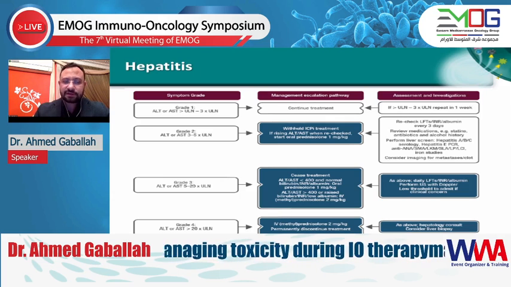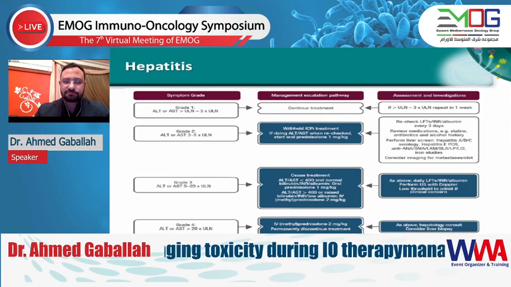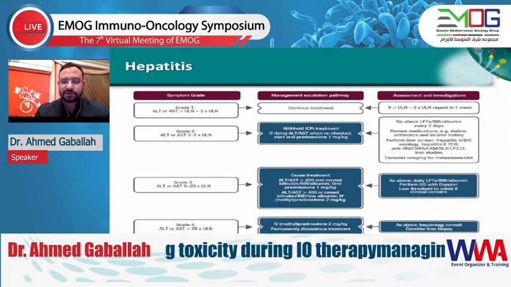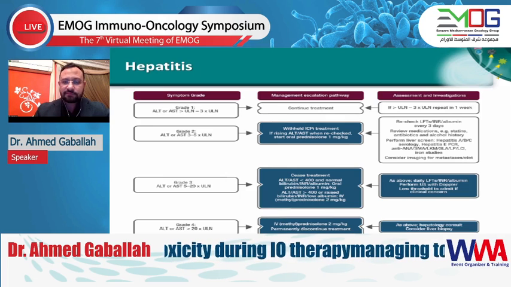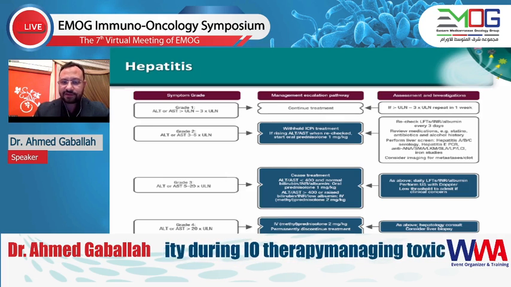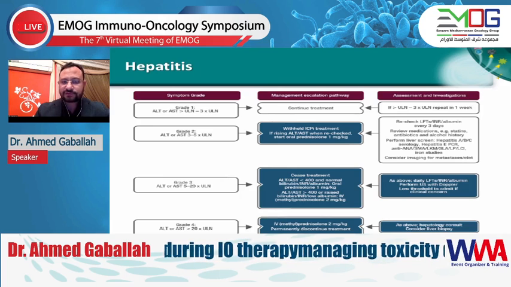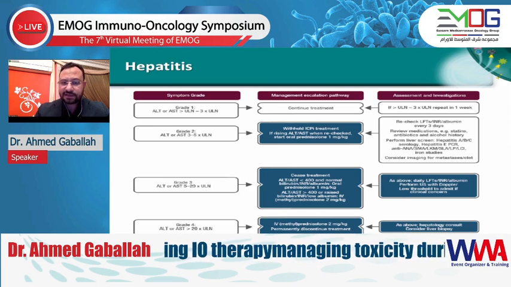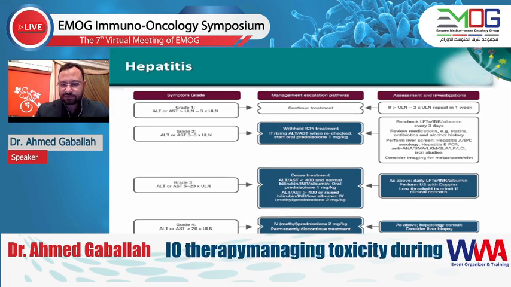If the patient has a higher grade, grade 3, which means liver enzymes from 5 to 20 folds, we divide these patients into 2 groups. If we have liver enzymes less than 400 and normal bilirubin, we start with oral steroids.